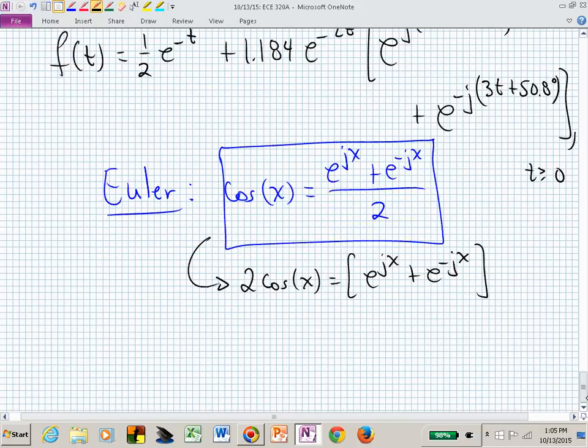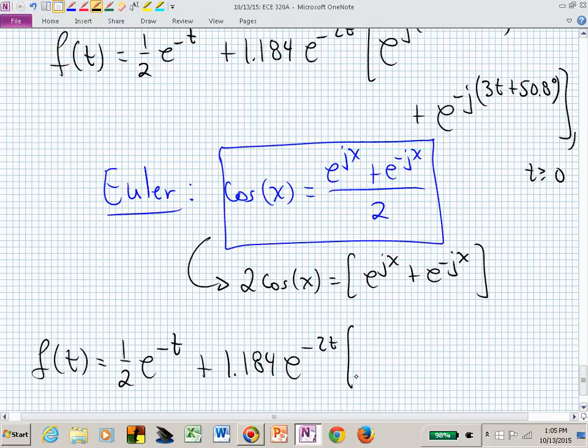We can now convert what we just had into an f of t that's now 1/2 e to the minus t plus 1.184, I'll do it in a couple of steps, e to the minus 2t times 2 cosine (3t plus 50.8 degrees).